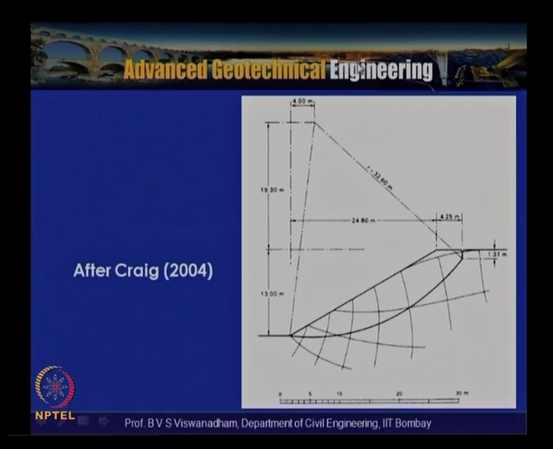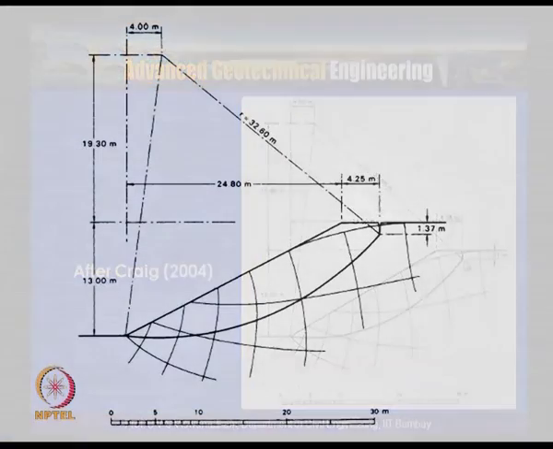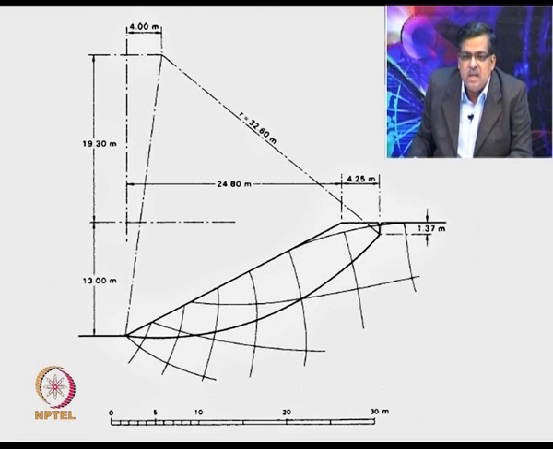The slope is shown here, and this particular portion is the tension crack. The depth of the tension crack is given as 1.37, and the horizontal distance from the crest of the slope is about 4.26 meters.